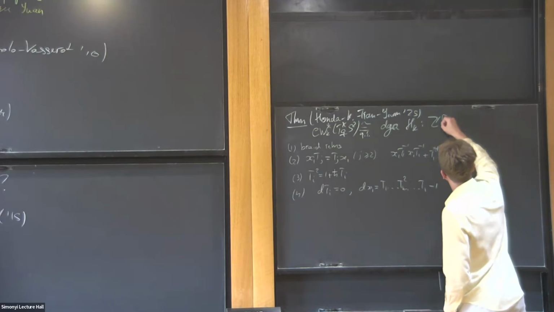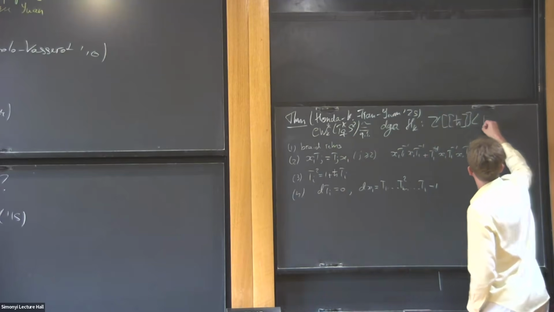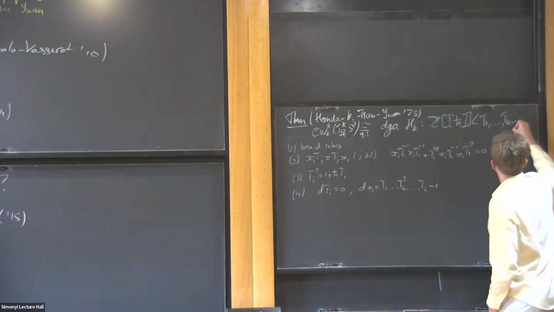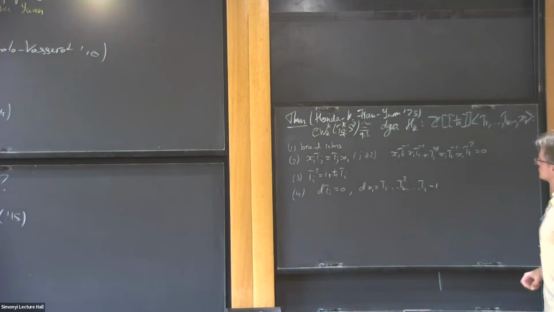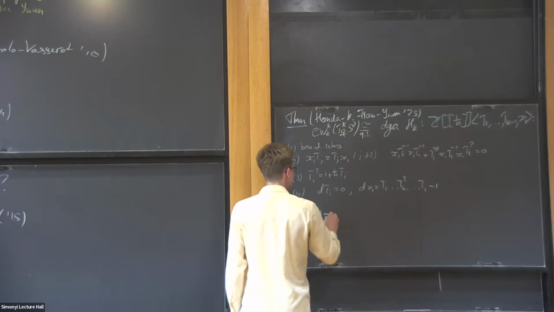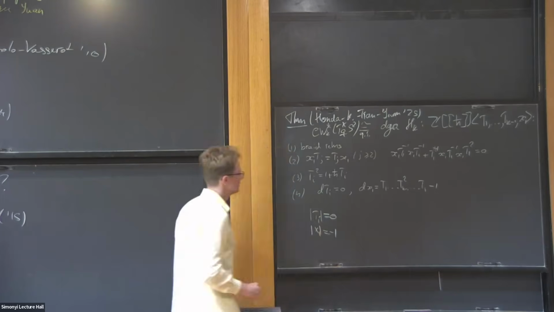So it's generated by variables T1, etc., Tk minus 1 and x1, subject to the following relations. Here the Ti's are all in degree 0, and x1 is in degree -1.